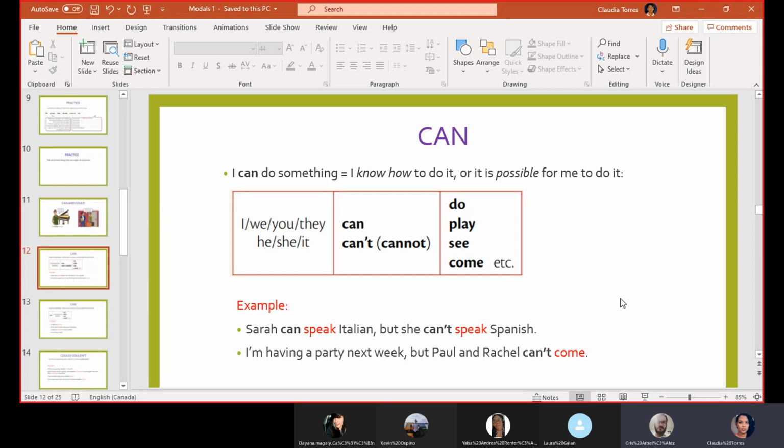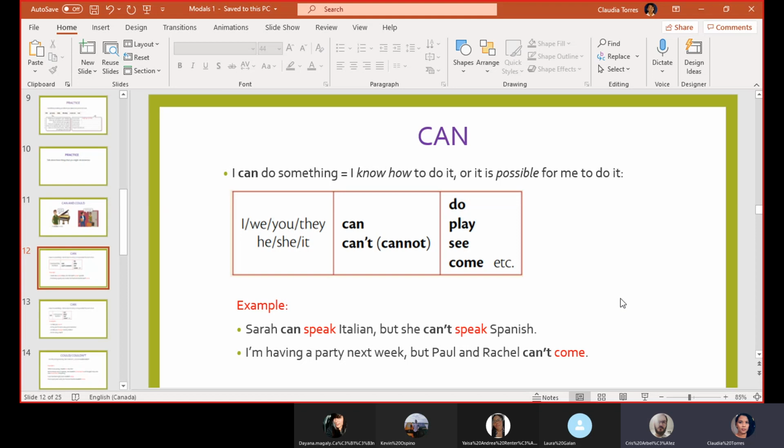Okay. So that's the idea. Now, to make the contraction, remember you can use can't instead of cannot. But when you're writing, especially academic writing, you must use cannot.